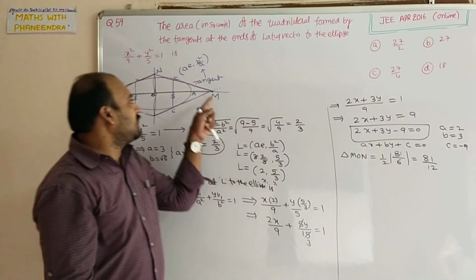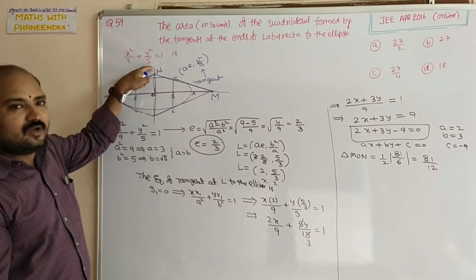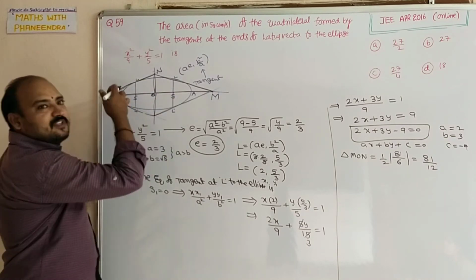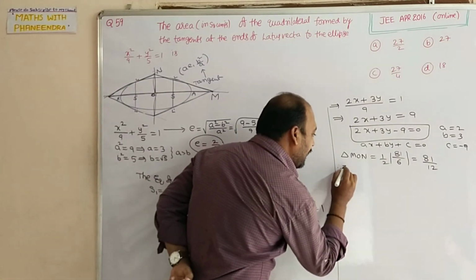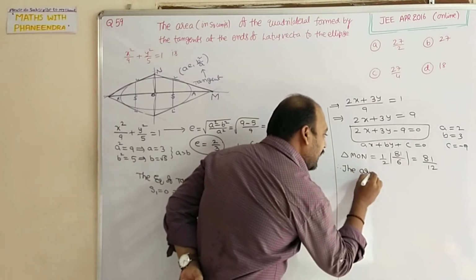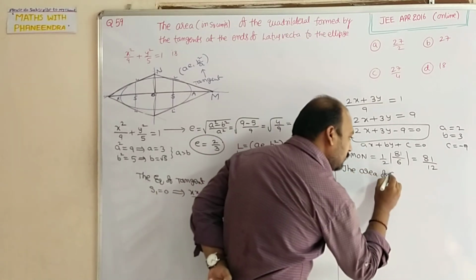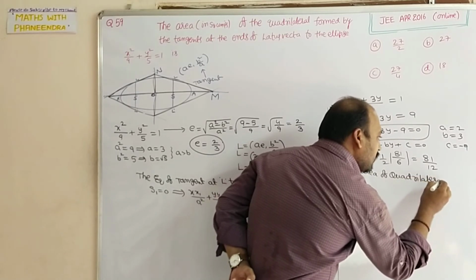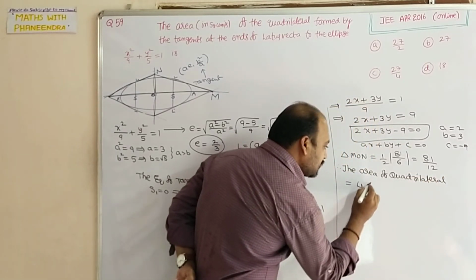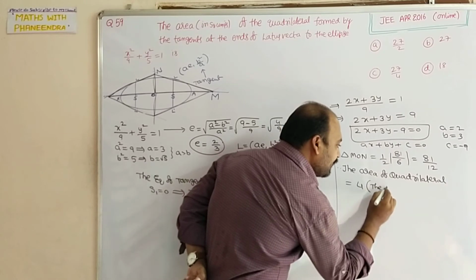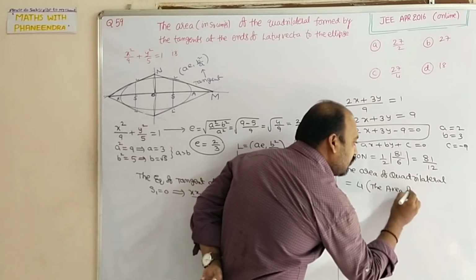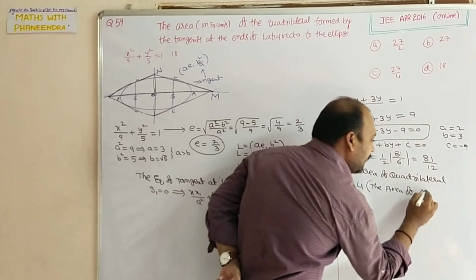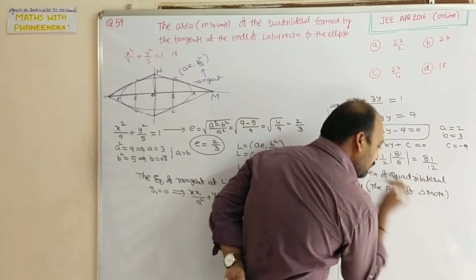This is only the area of MON, but I want 4 times this area. The area of the quadrilateral is equal to 4 times the area of triangle MON. Observe the figure.